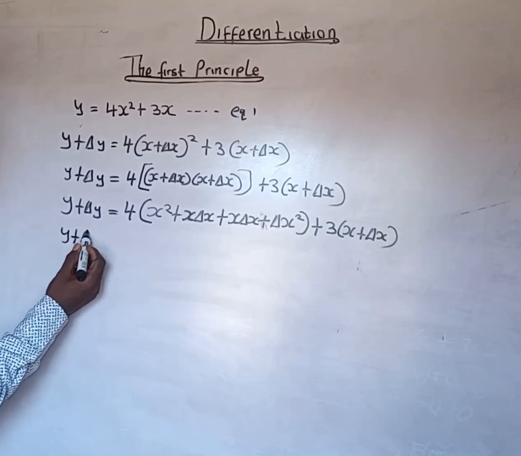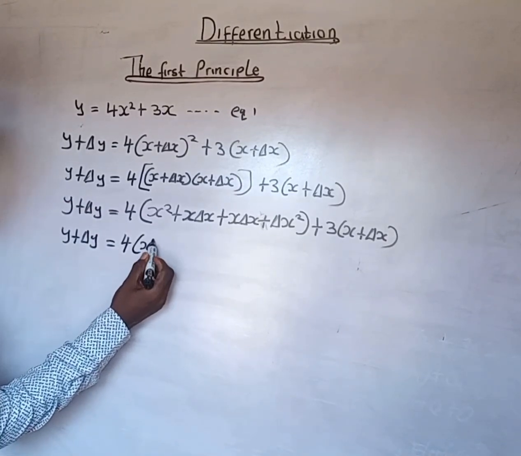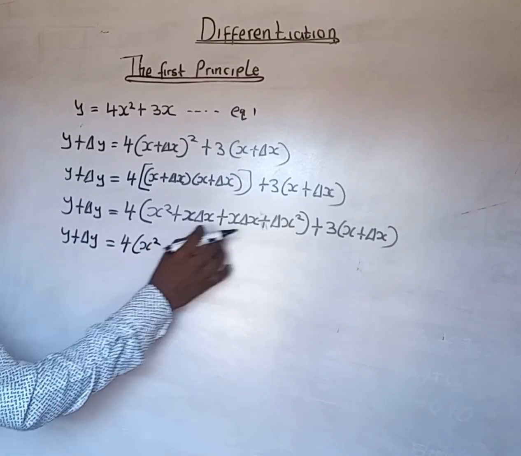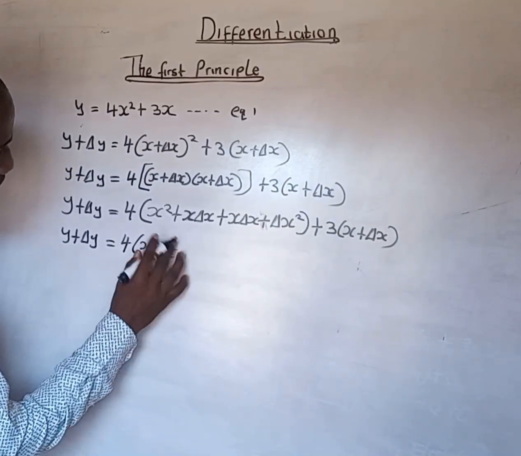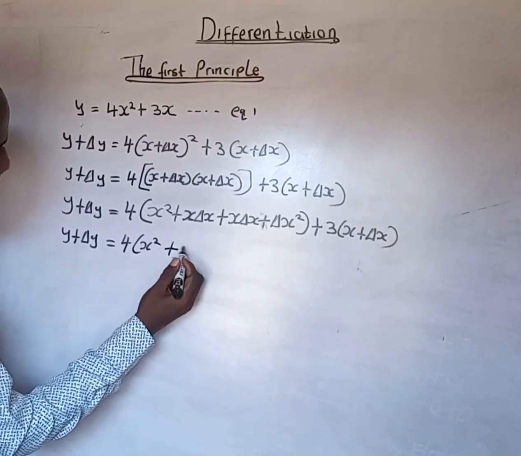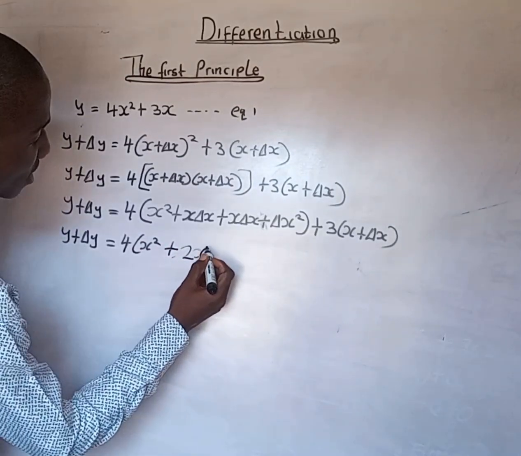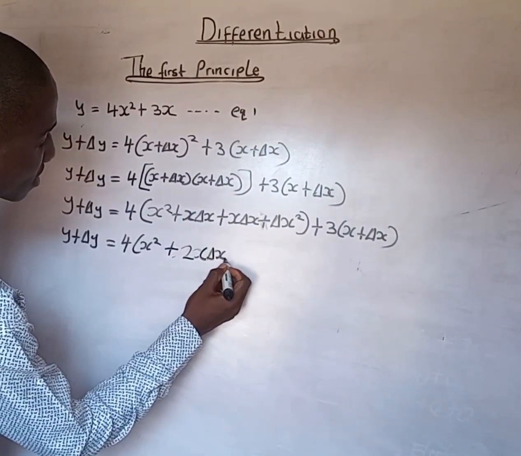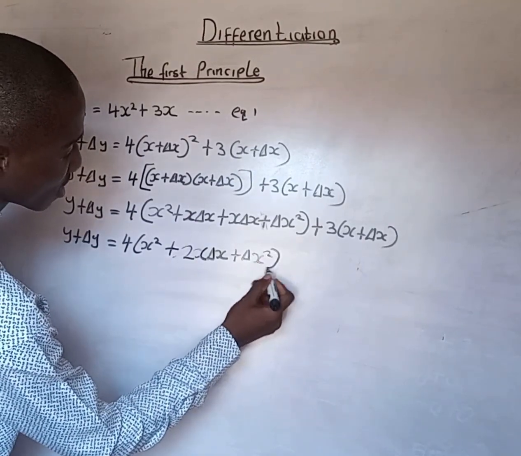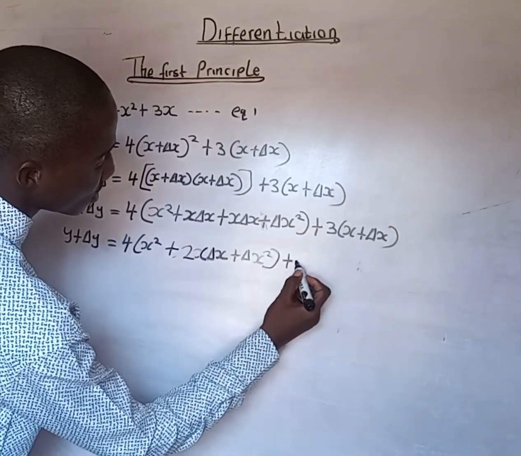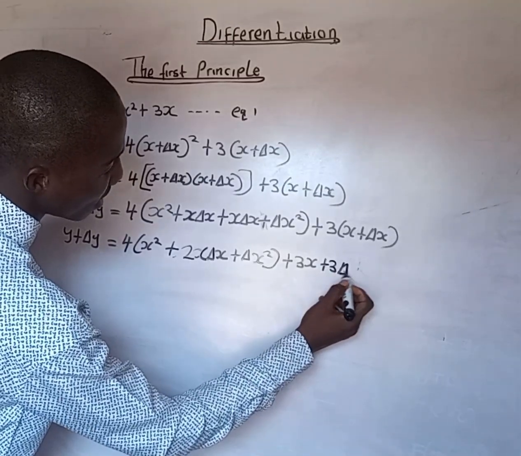y plus delta y is equal to, okay, let's solve x squared plus x delta x plus x delta x. I'm going to be having x squared plus 2x delta x, so plus delta x squared, plus 3x plus 3 delta x.